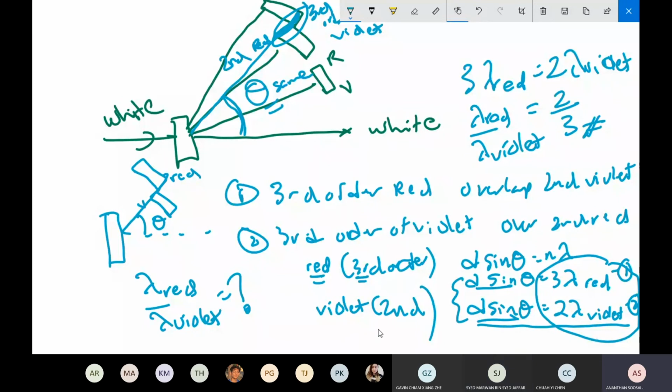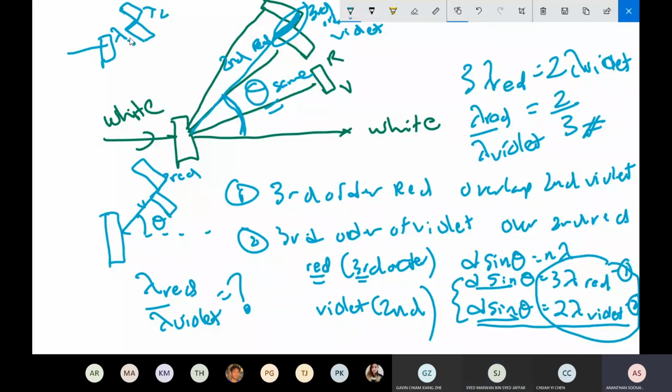Okay, understand? So whenever overlapping happens, please remember in your mind the angle has to be the same. They will ask a question about the ratio of the wavelength. If I put it in common terms, let's say the second order of wavelength lambda 1 overlaps with the third order of the second wavelength lambda 2.